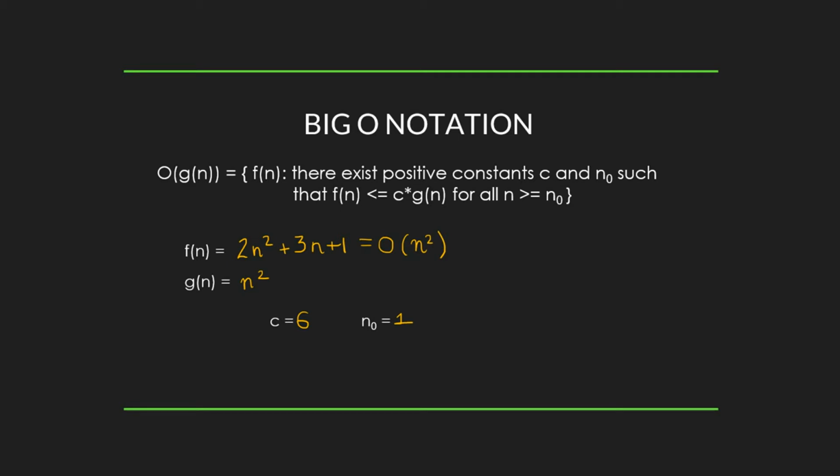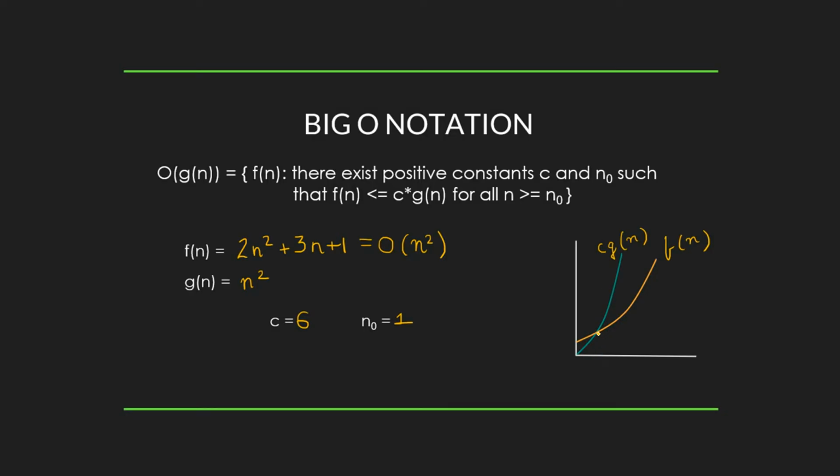Let us now plot these two functions on a graph. This is our f(n) and this will be our c times g(n). And this is the n naught, which is equal to 1.